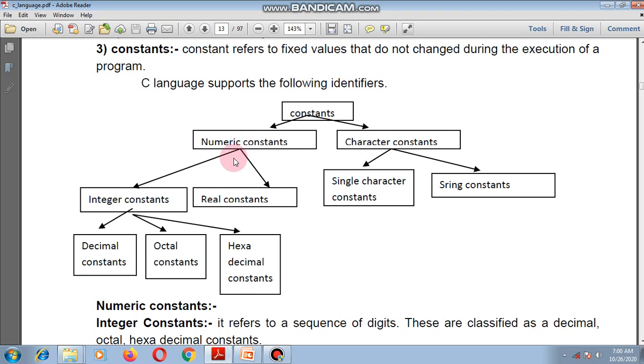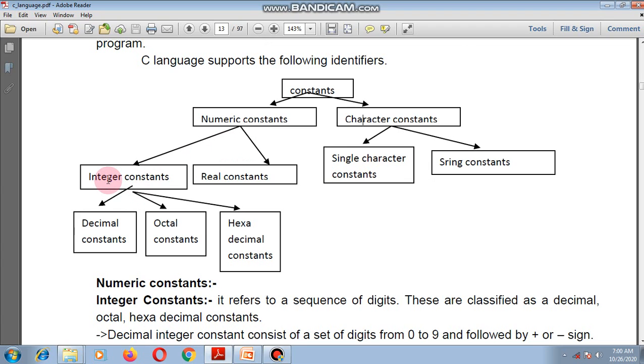Numeric constant is again classified into two types: integer constant and real constant. Integer constant contains three types: decimal constant, octal constant, and hexadecimal constant. A decimal constant contains the numbers from 0 to 9, and it is followed by the plus or minus sign.